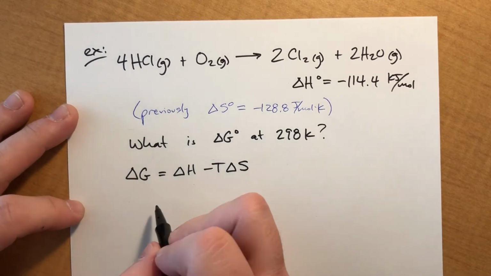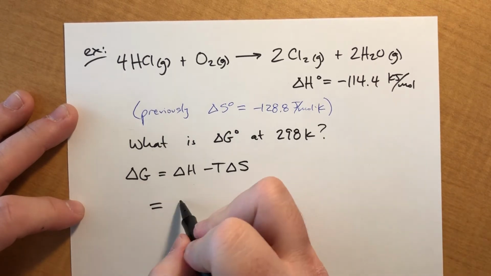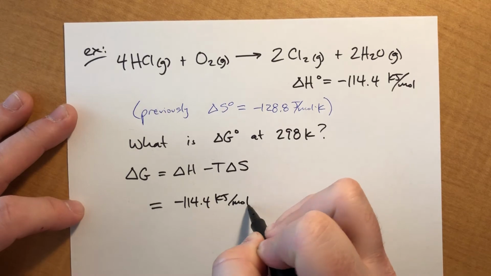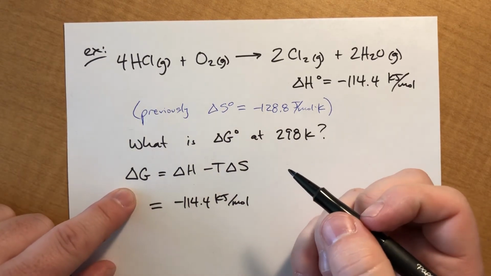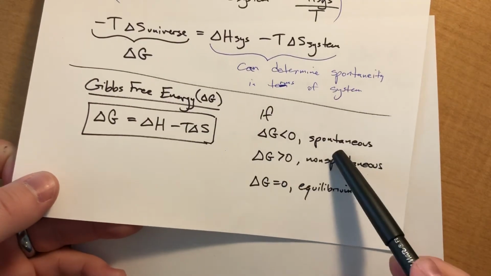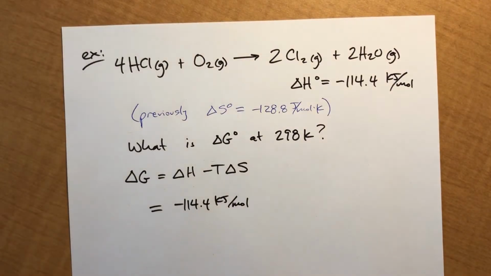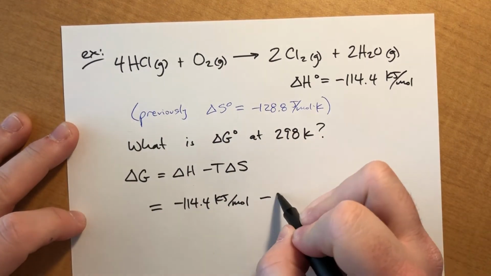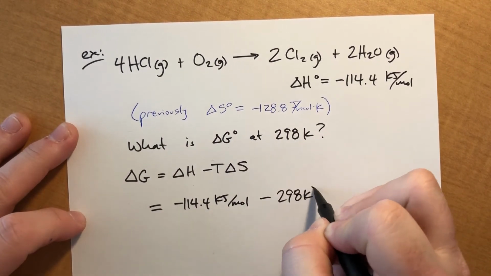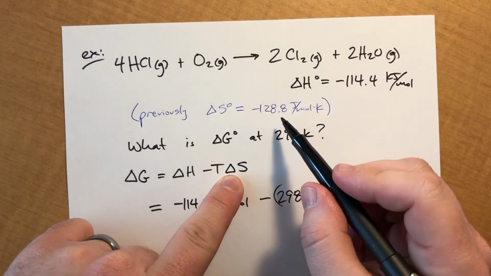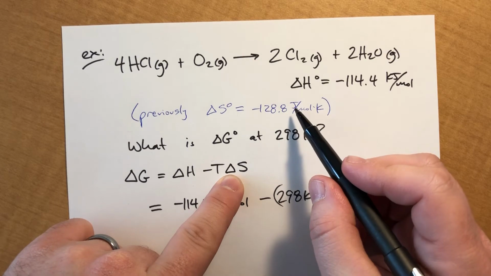So, delta H we just got was negative 114.4. That looks encouraging because we like delta G to be negative. That means it's spontaneous. If delta G is negative, this reaction is spontaneous. Minus T, which is 298 Kelvin, and delta S was negative 128.8 joules per mole.